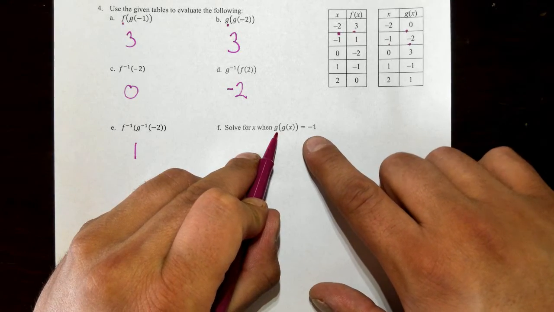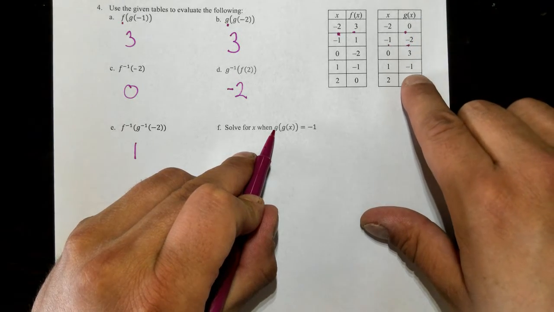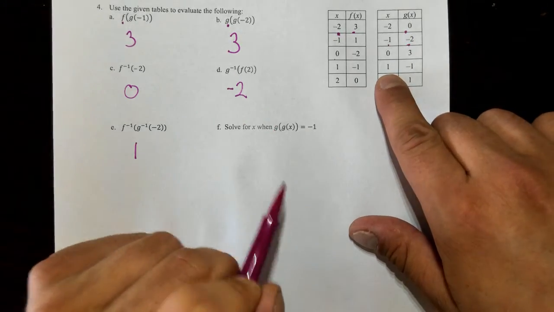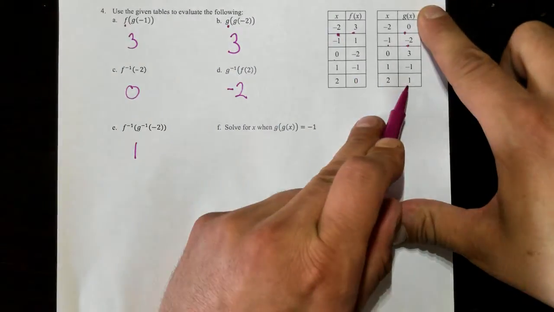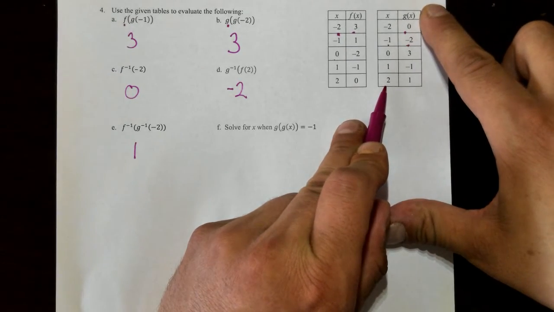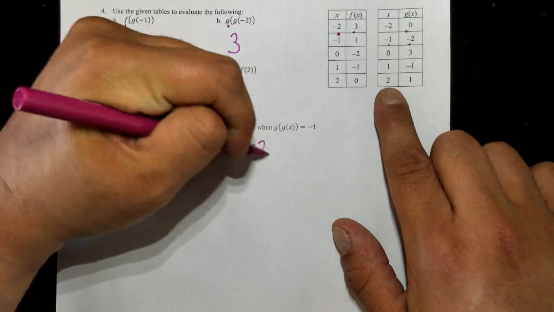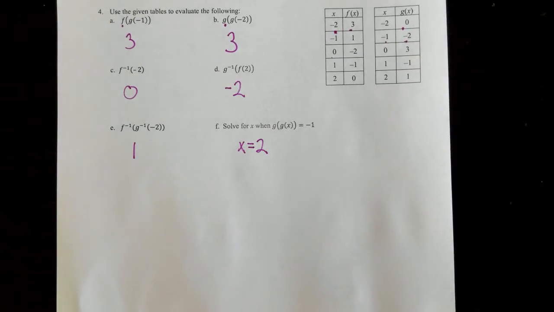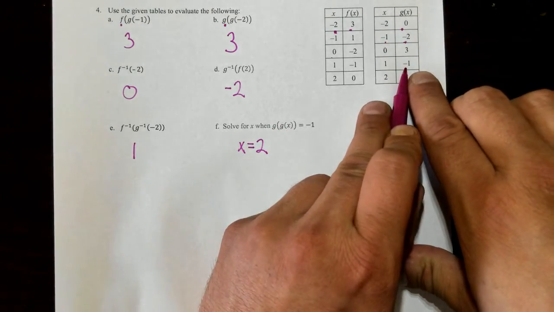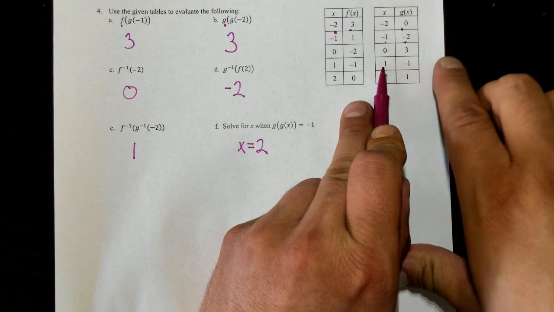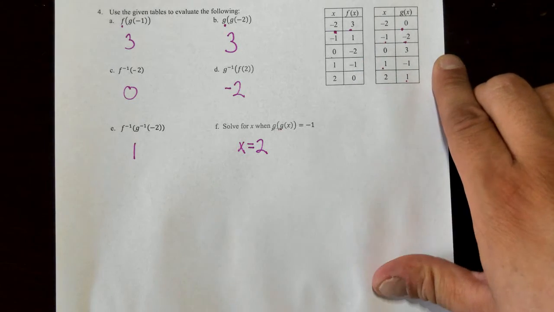So we need to go to G of x and find where the output is negative 1 and look at the input of 1. Now we go to G of x again and look where the output is 1 and look for the corresponding input. So in this case, x is equal to 2. Just like that. We found G of x, looked at the output, went to the input, and since it's G of x, we're working with G again, so output back to input.